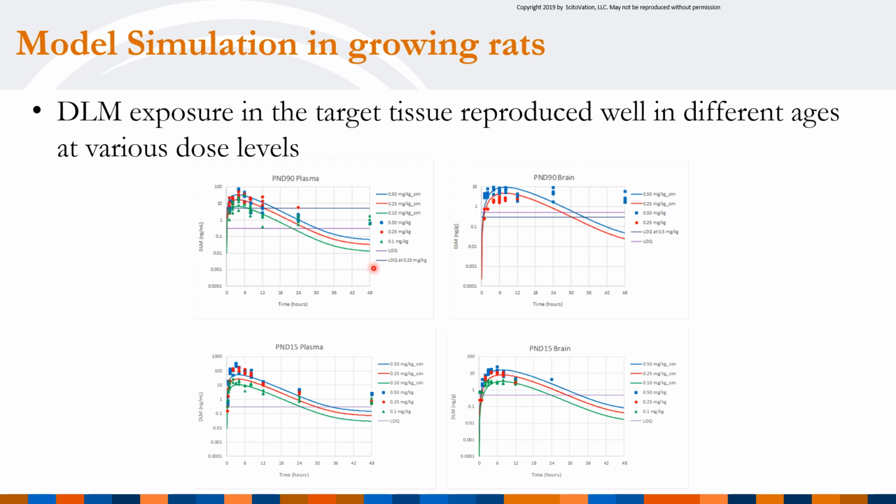The lines represent the simulations. As I said, you can see that the simulations look pretty good, especially around the peak of exposure, the Cmax, which is really important because pyrethroids are more of an acute exposure and the effects are acute. So the Cmax is of interest.